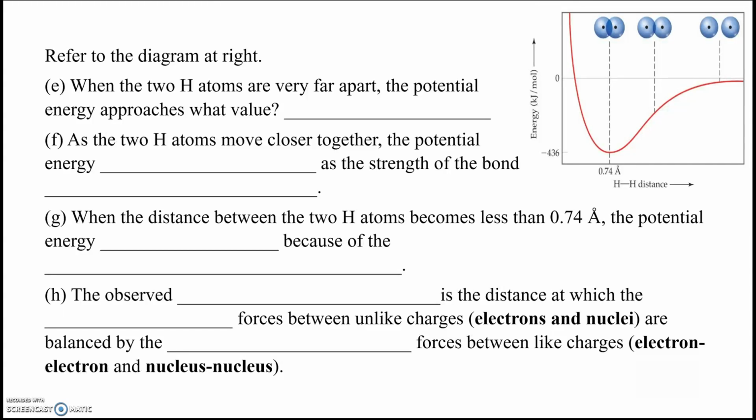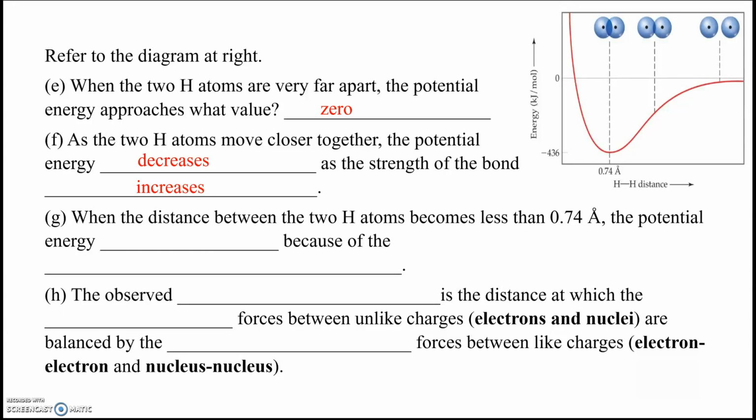So when the 2 hydrogen atoms are very far apart, the potential energy approaches 0. This is way out on the far right-hand side of this graph. All right, as the 2 hydrogen atoms move closer together, the potential energy goes down. We can just see that right off the graph, and the strength of the bond increases.